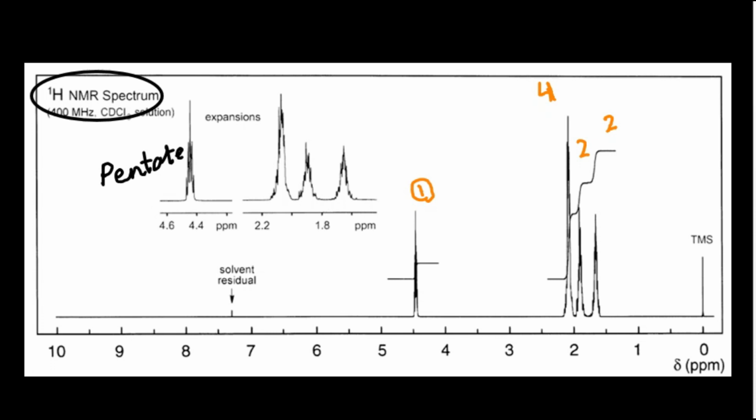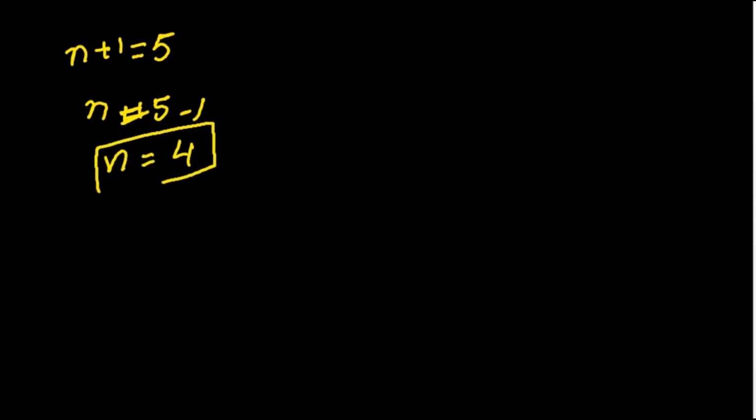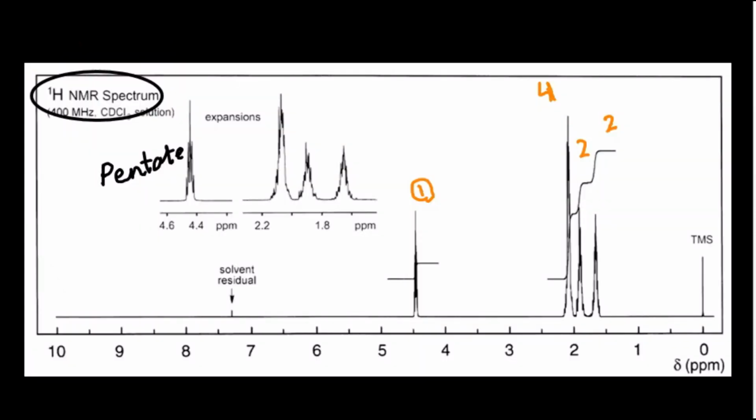If we follow the n+1 rule, we are getting a pentet, meaning 5 splitting pattern. So how many hydrogens are present in the neighboring? We will solve it: 5 minus 1, n is equal to 4. It means that 4 hydrogens are present in its neighbor.